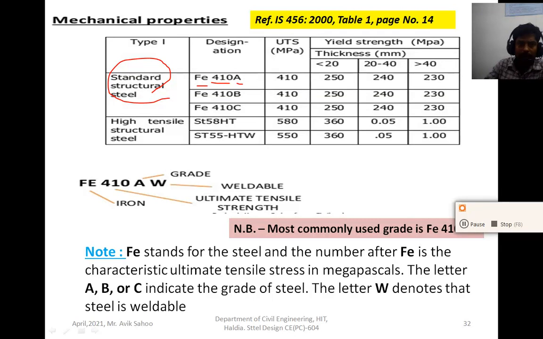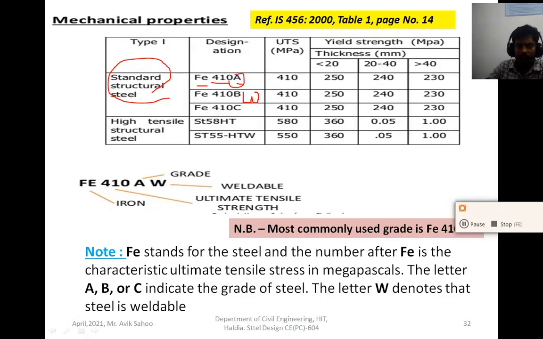Fe stands for iron, then 410 is the ultimate tensile strength, and after this number the letter is mentioned. So this A, B, C indicate the grade of steel, and W is given.